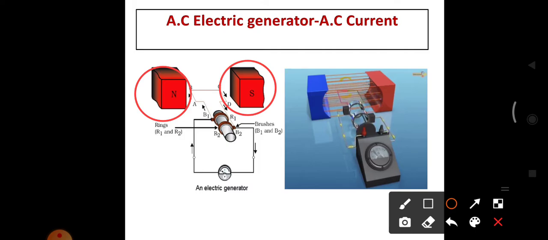The two ends of the coil are connected to two rings R1 and R2. The inner sides of these rings are insulated. The two conducting brushes B1 and B2 are pressed separately on the rings R1 and R2.